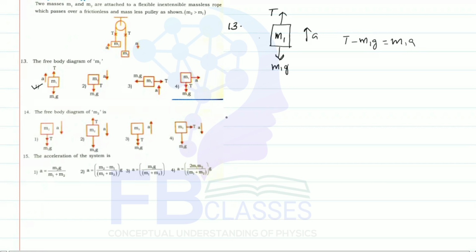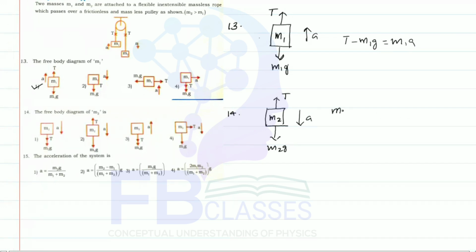Okay, so now for the 14th question, the free body diagram of the M2 block. So here is M2. M2 is greater, so upward is T, downward is M2G. So now acceleration is in the downward direction.